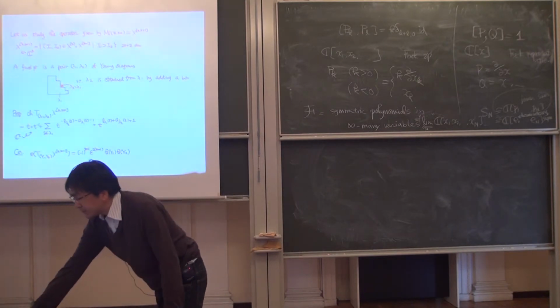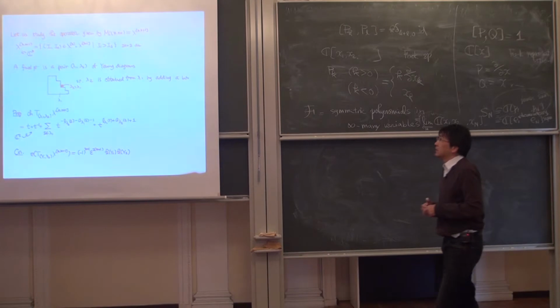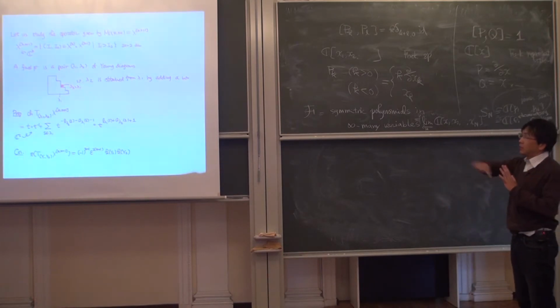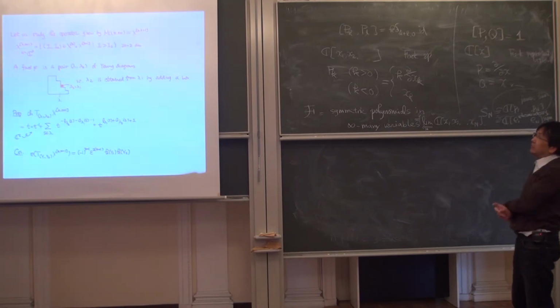To do it, I consider that this first operator is more difficult, and I consider the second operator given by this pullback and push forward. This again can be computed by studying the fixed point set in this middle variety.